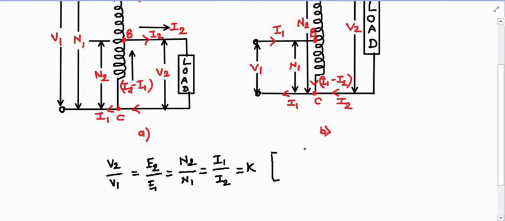What assumptions have we made? Here we have neglected the losses. We have neglected the leakage reactance.